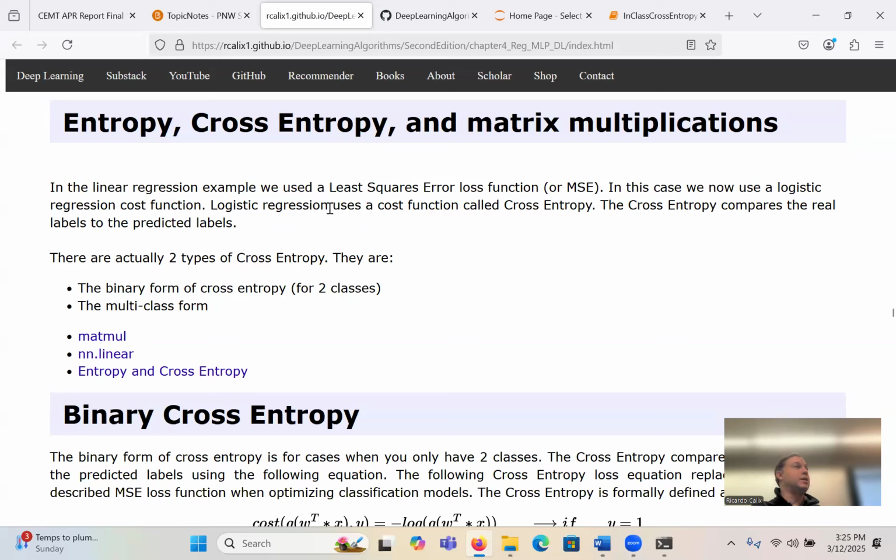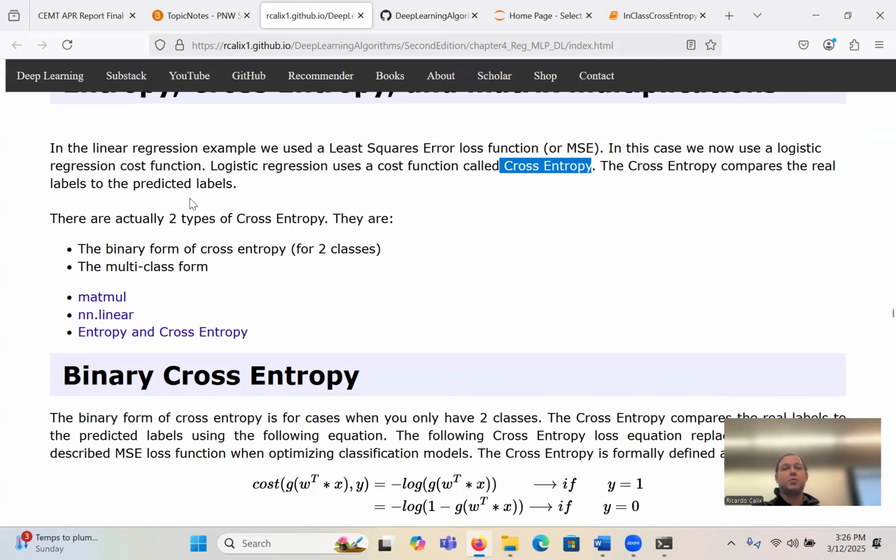So logistic regression and other classifiers use a cost function called cross entropy. The cross entropy compares the real labels to the predicted label. This is what I just said. All the examples I provided so far are binary cross entropy. That's because it's the simplest concept to understand, but that essentially was like your malware, not malware, spam, not spam. That's a binary classifier.